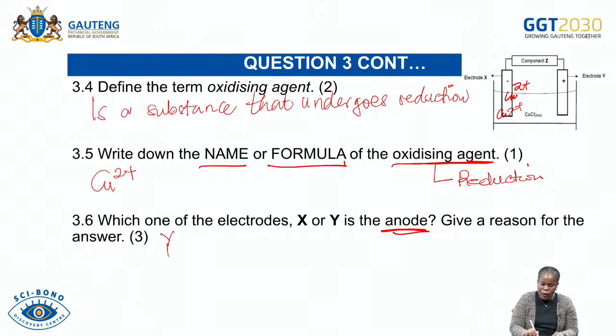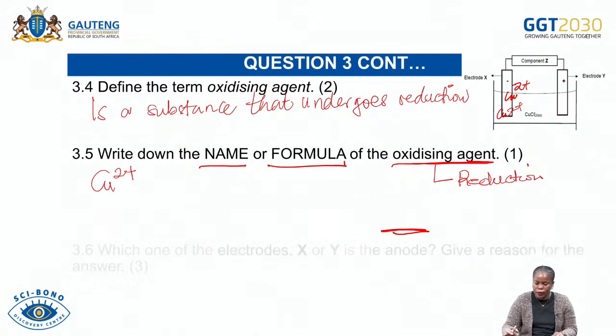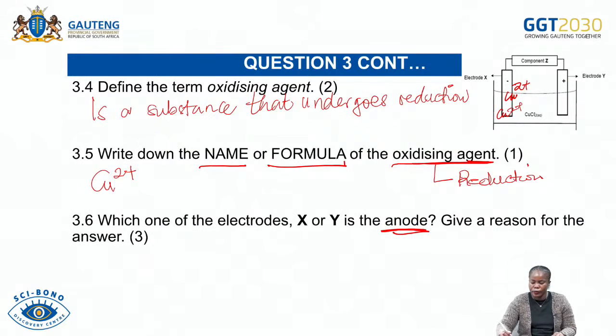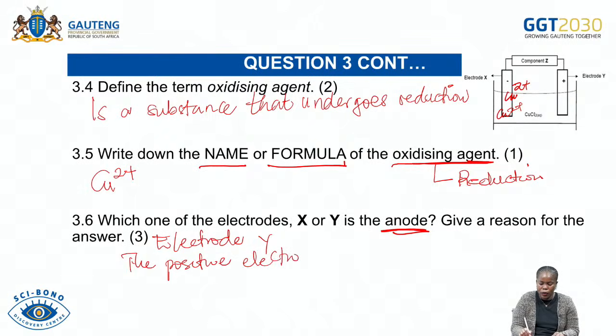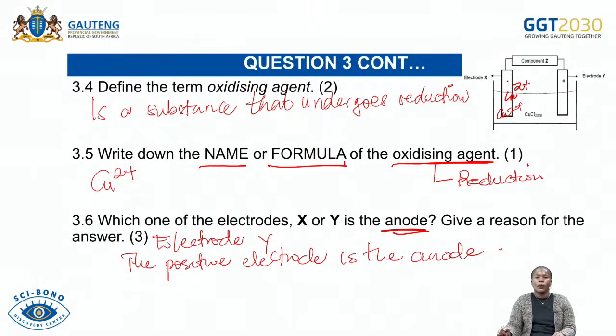It is Y. Let me write in full and say electrode Y. Why? Because the positive electrode is the anode.